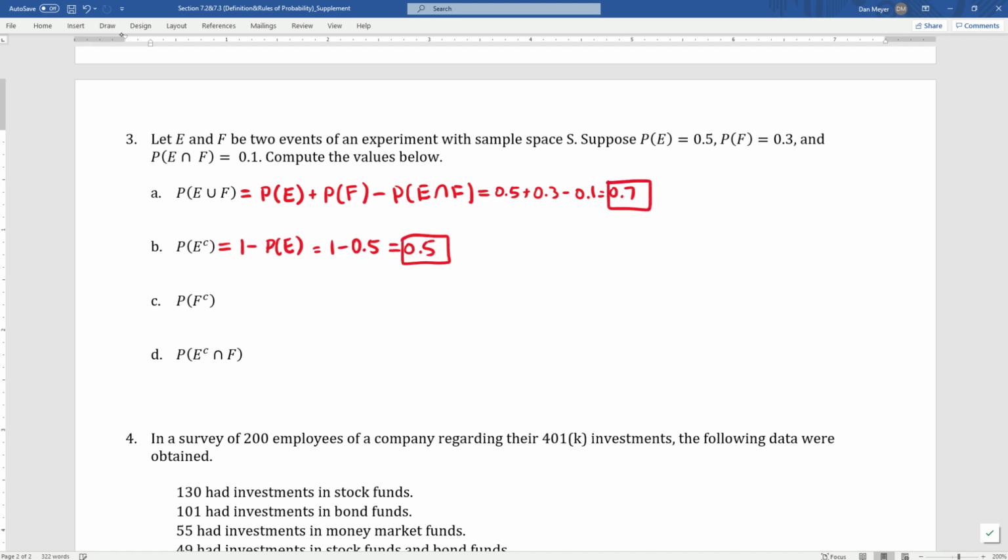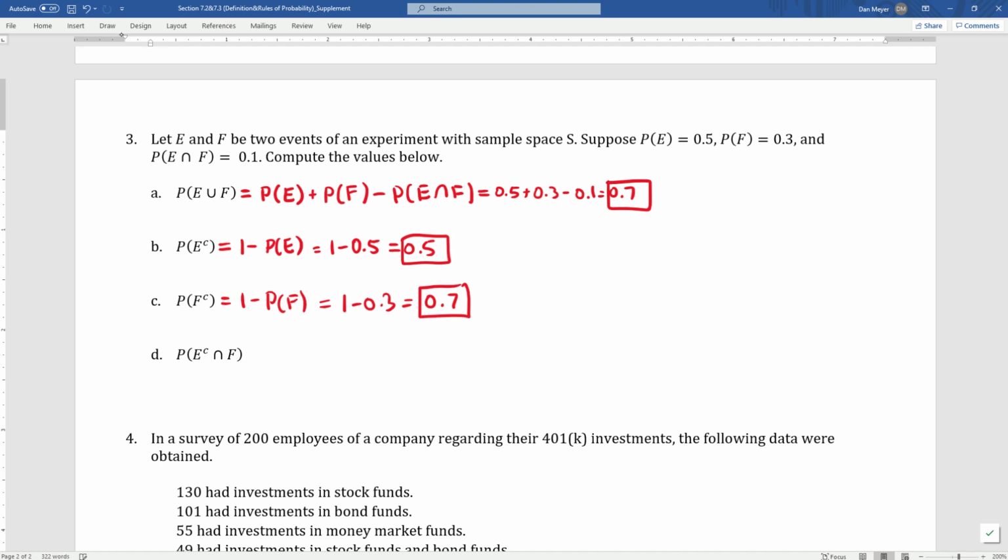The probability of F complement, again we have a complement formula: 1 minus the probability of F, which was given to us in the problem. 1 minus 0.3 will be 0.7.